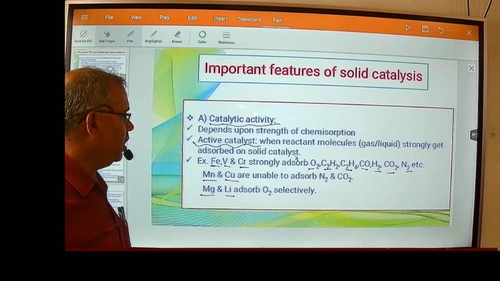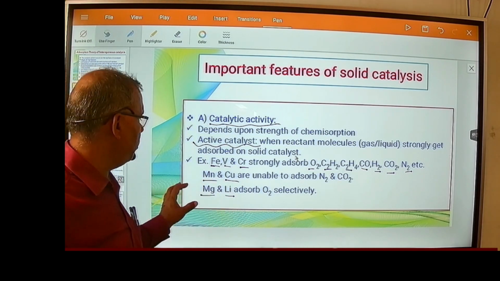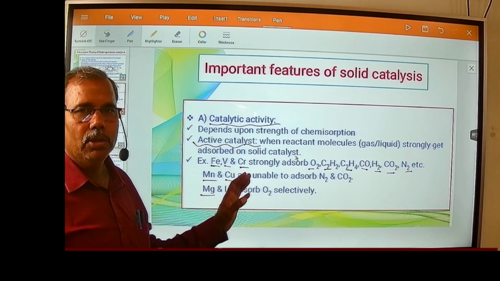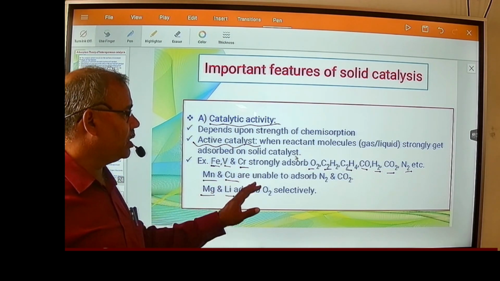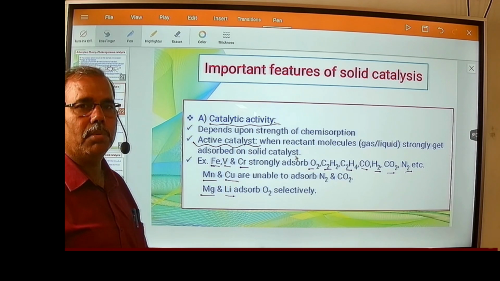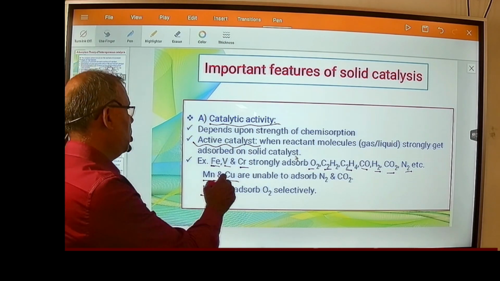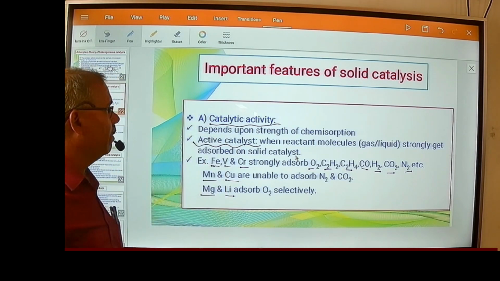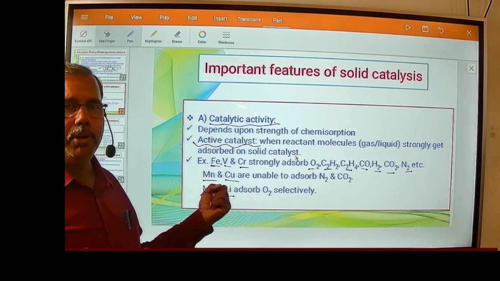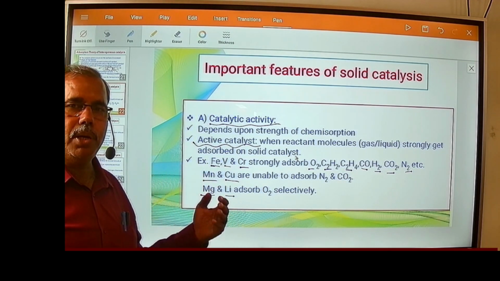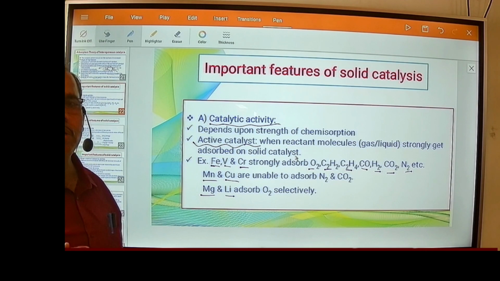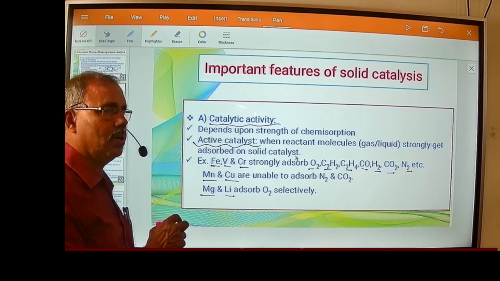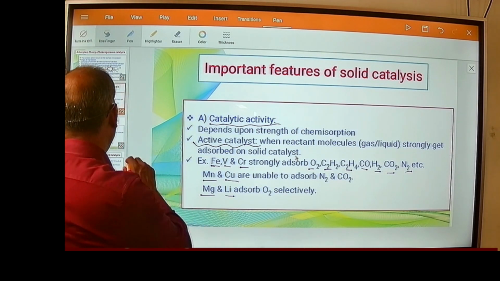So oxygen is adsorbed on the surface of magnesium and lithium only. They do not adsorb the other gases on their surfaces. So here we can say that the catalytic activity of different elements, that is different metals, is different towards different gases or different reactant molecules.